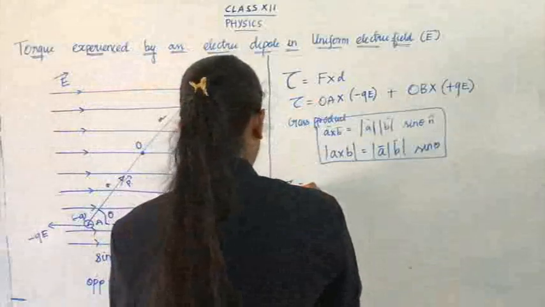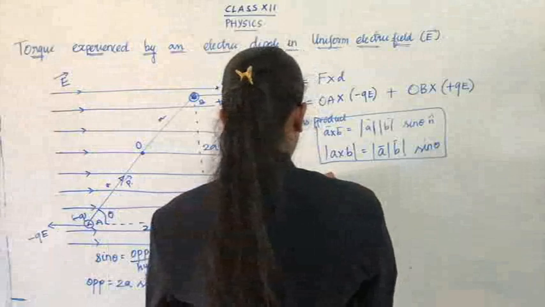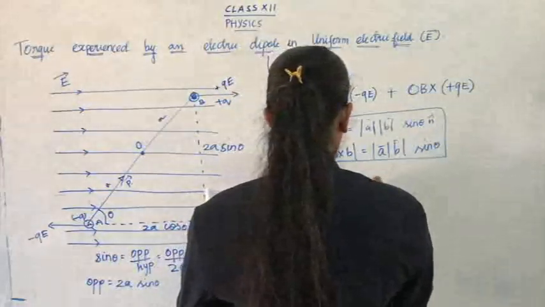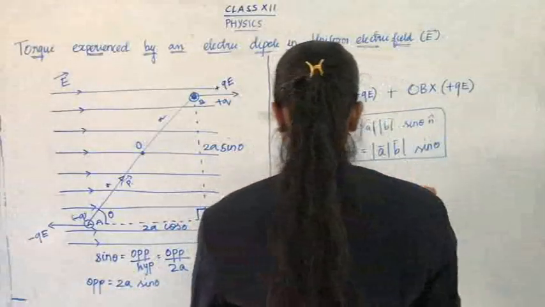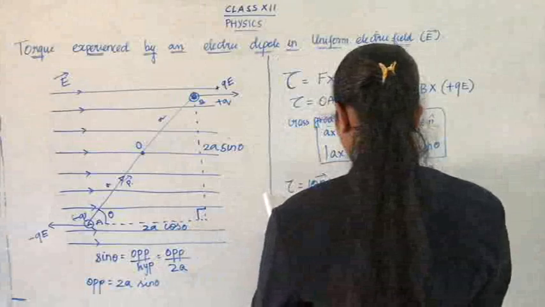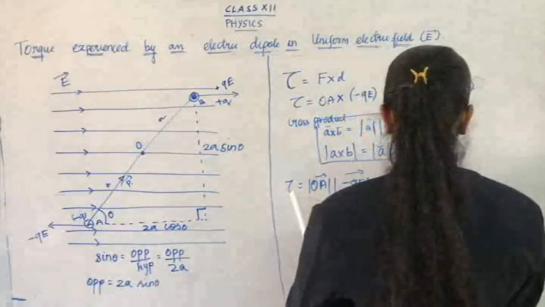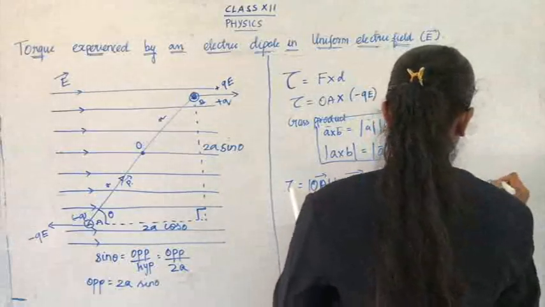So tau equals OA into minus QE into sin theta, plus OB into QE sin theta.